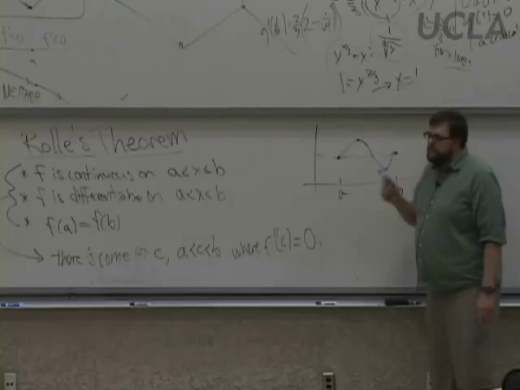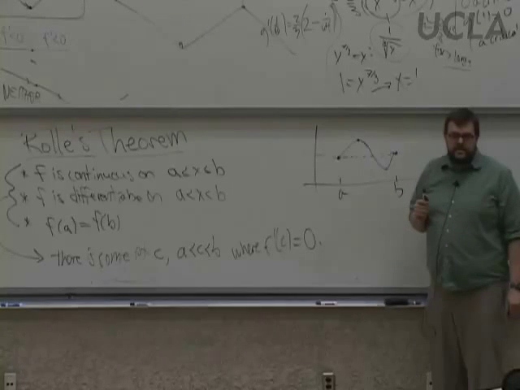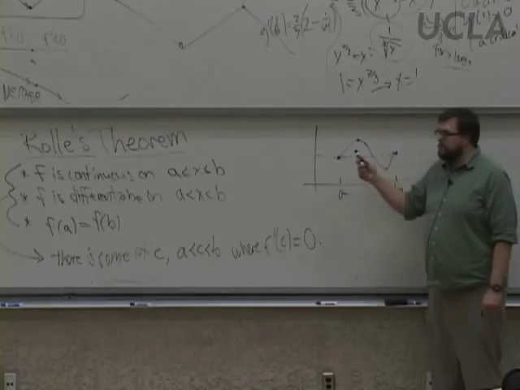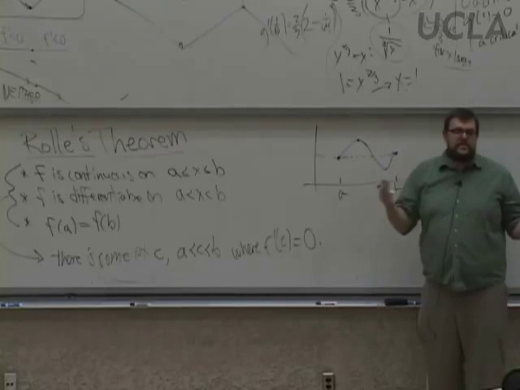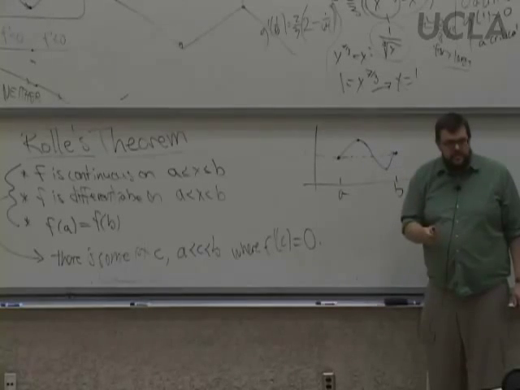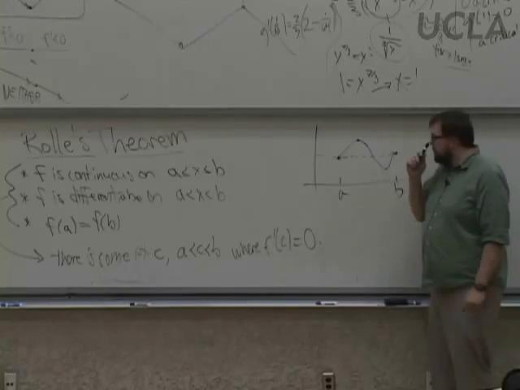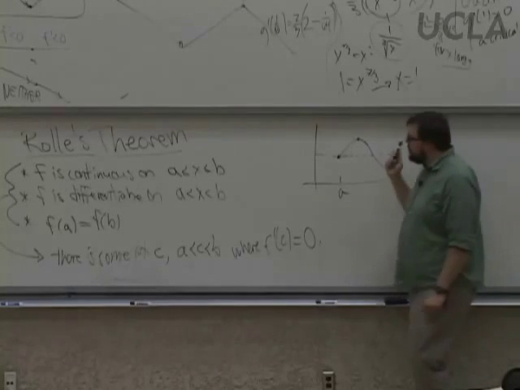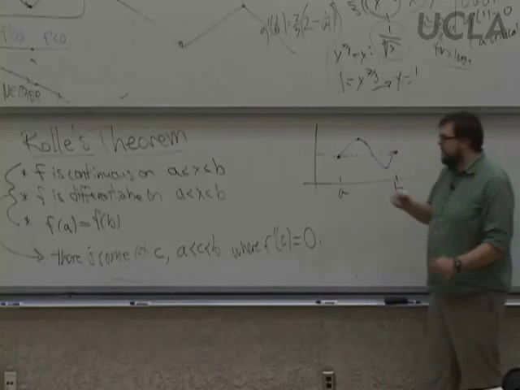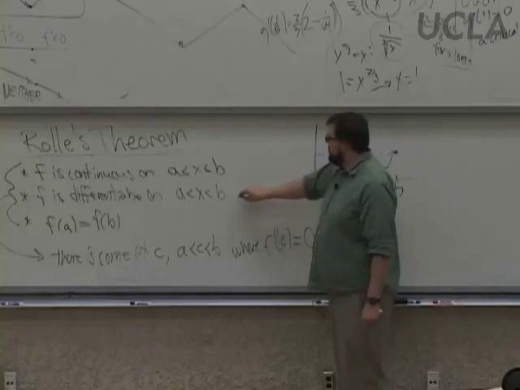But why is that important? Where do we know that global maxes and global mins can occur? They occur at the endpoints, and then we're basically arguing, well, there's some place besides an endpoint where it occurs, and they occur at critical points. Okay, but what is a critical point? A critical point is either where the derivative is 0 or the derivative is undefined. But look at this nice fact.